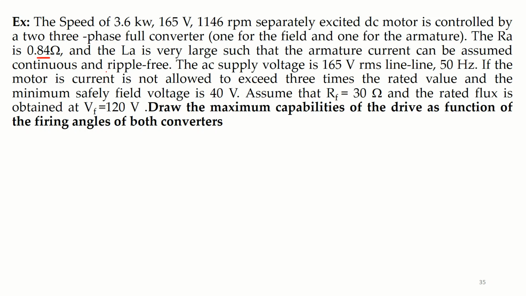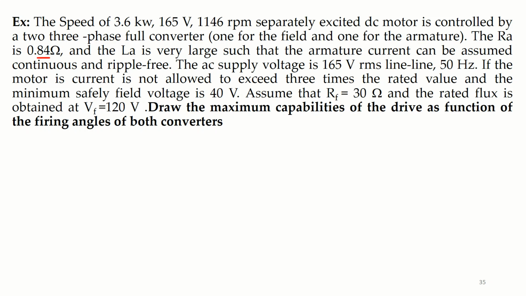If the current in the motor is not allowed to exceed 3 times the rated value, and the minimum safe field voltage is 40 volt, assume that RF is 30 ohm and the rated flux is obtained at a voltage equal to 120 volt.